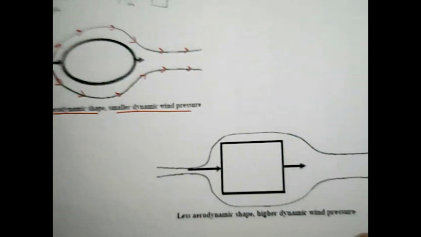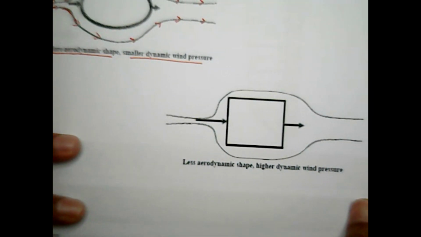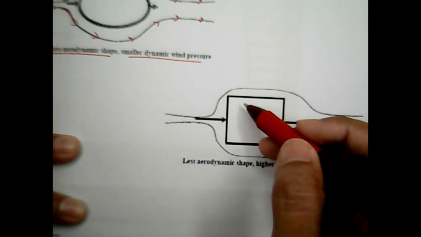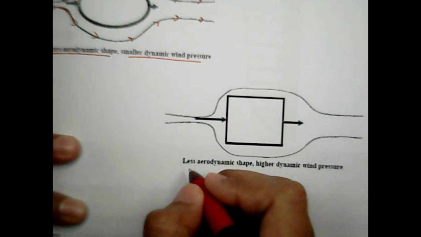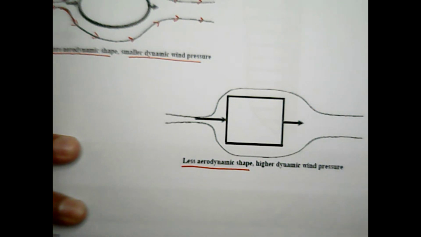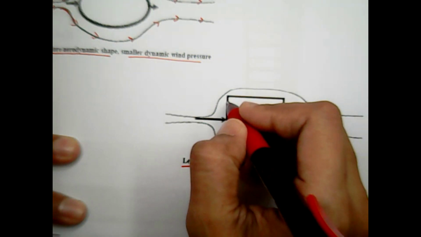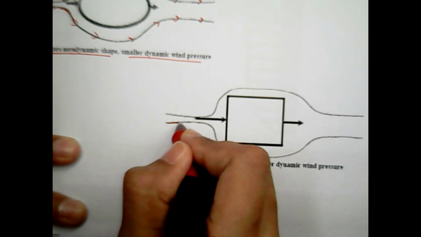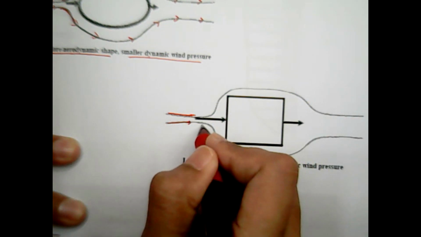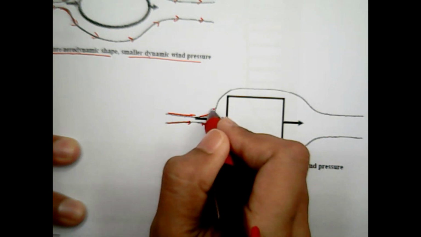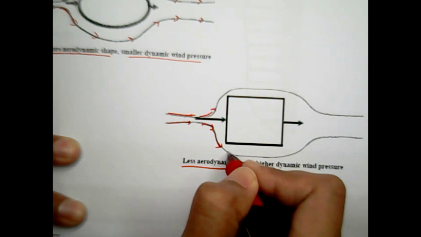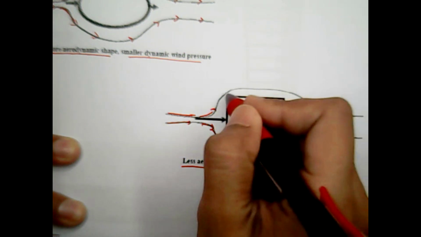But if you look at this type of plan view structure, we can say it is a less aerodynamic shape because it is very sharp at the end. When the wind comes, it goes straight here.